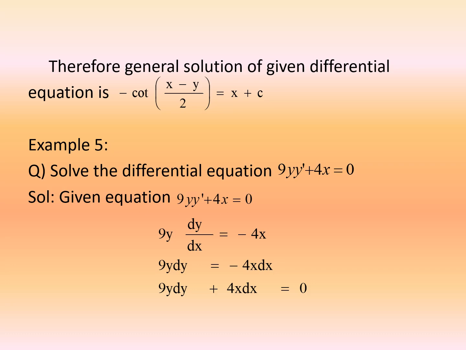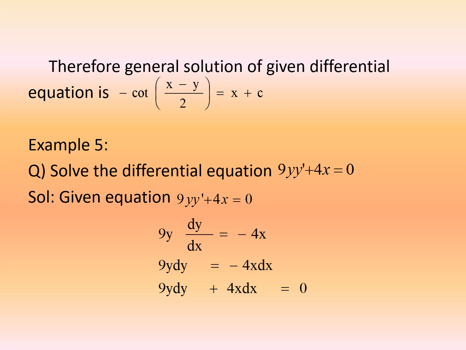Next, move on to example 5. Here the given question is, solve the differential equation 9y into y dash plus 4x equals 0. First write down the given equation as it is, that is 9y into y dash plus 4x equals 0. Move on to the next line.